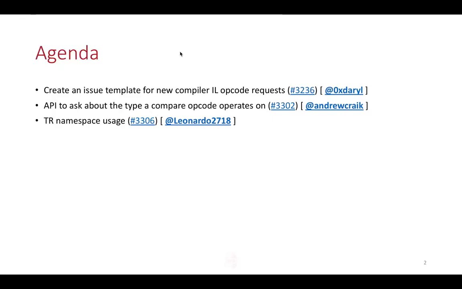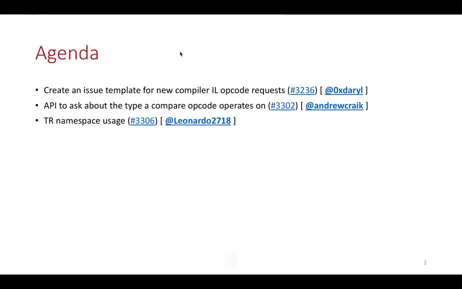Essentially, what that pull request proposed was a special issue template for when someone wants to propose a new IL opcode, and within that template, it provided a series of questions that the submitter would have to answer and provide justification. I don't think there was any question about the contents of that form, but the questions were really around the form in which it would be presented.